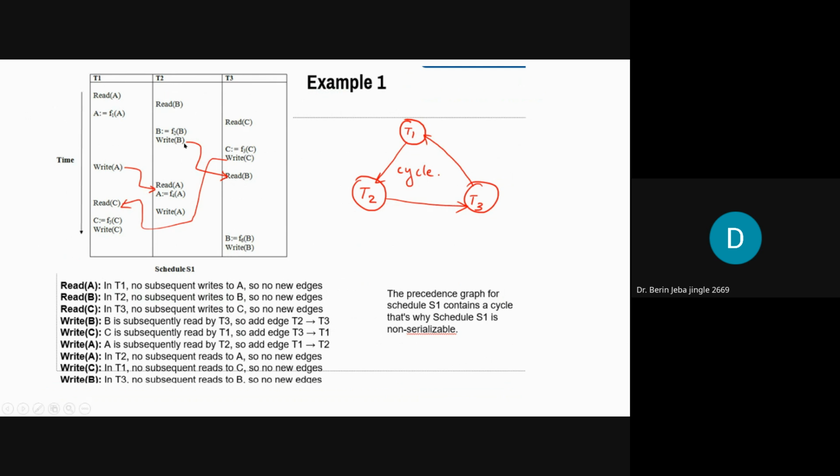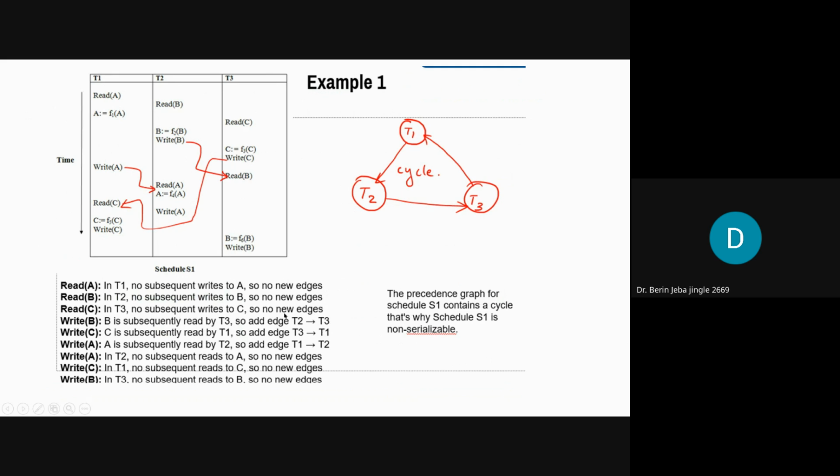This read B depends on the write B. Here, see, read B in the third transaction, this read B depends on the write B in the second transaction. So we have to add an edge, because B is subsequently read by T3.